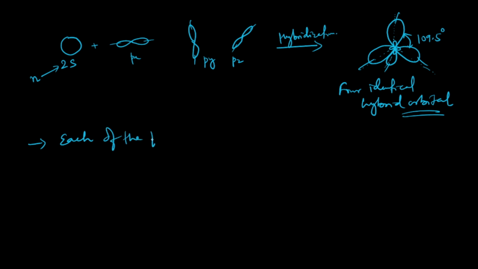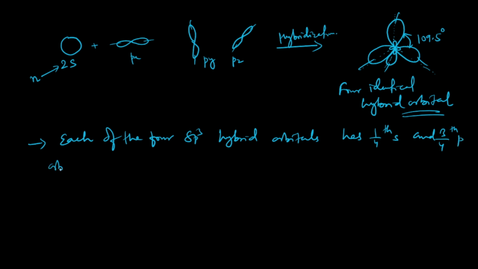of the 4 sp3 hybrid orbitals has 1/4 s and 3/4 p orbital character, correct?